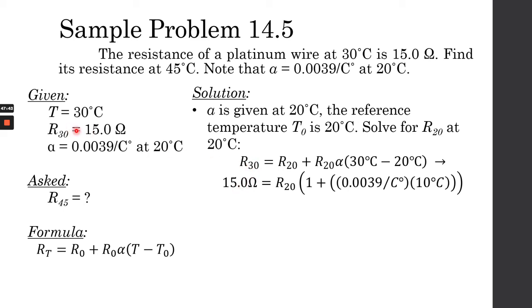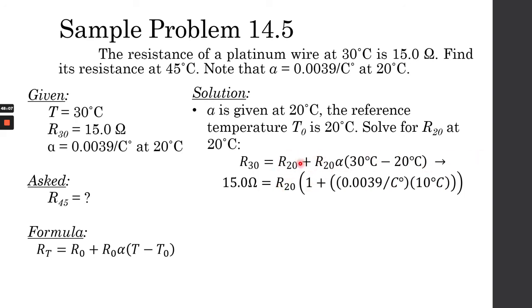So we know that our resistance at 30 degrees is 15 ohms. Pull out the same variable, which is R20. So this makes that 1 plus, this is our A, and this is 30 minus 20 degrees Celsius, which is 10 degrees Celsius. So if we substitute back R20, we'll get the top one.